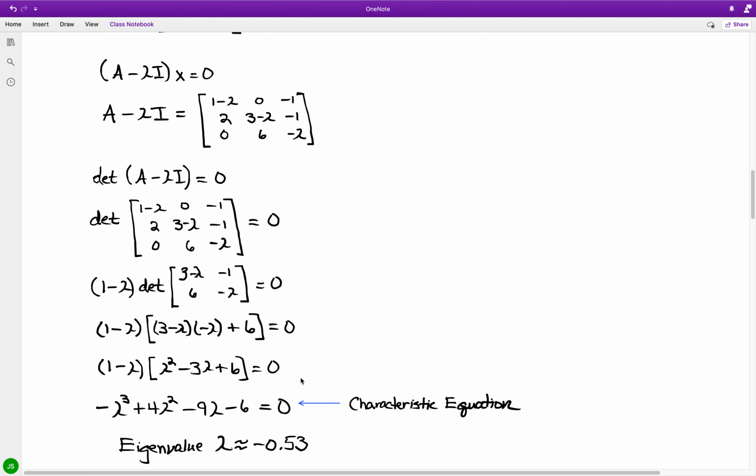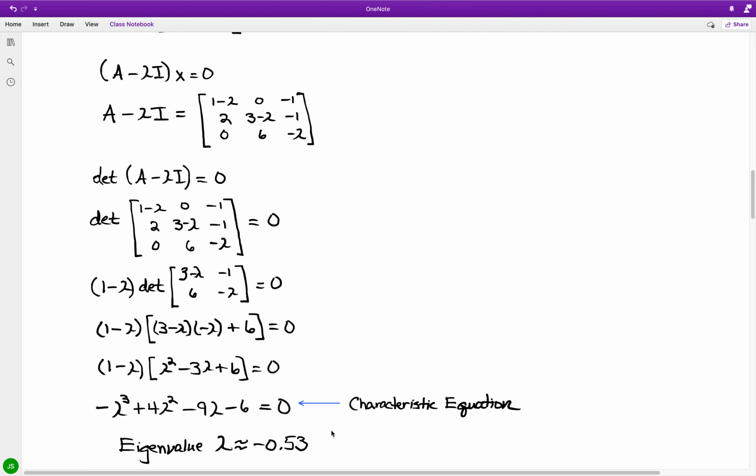Now, if I expand, the characteristic equation ends up being negative lambda cubed plus 4 lambda squared minus 9 lambda minus 6 is equal to 0. Now, this one cannot be factored into rational terms. And with a computational device, the approximate eigenvalue will be around negative 0.53.